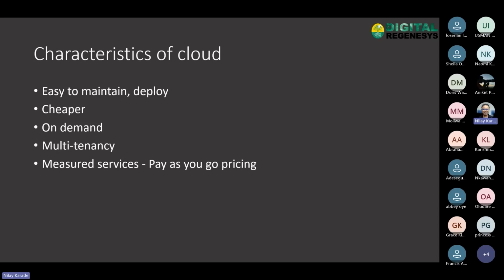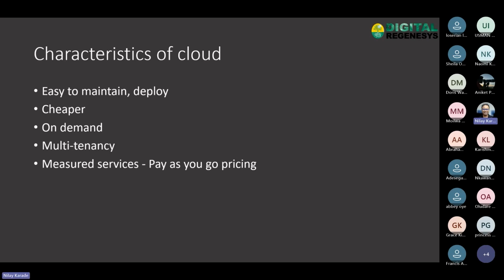So maybe just for the months of December and January, I will add 10 more servers from AWS Cloud. On demand, I can either increase or decrease the amount of resources which I'm renting from the cloud infrastructure.